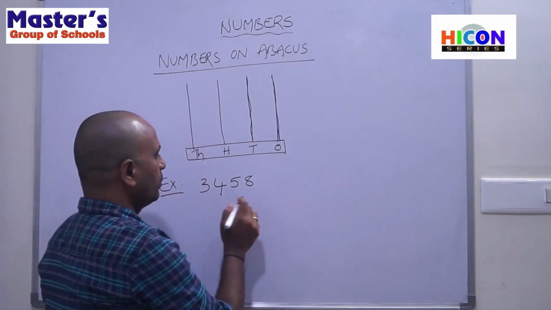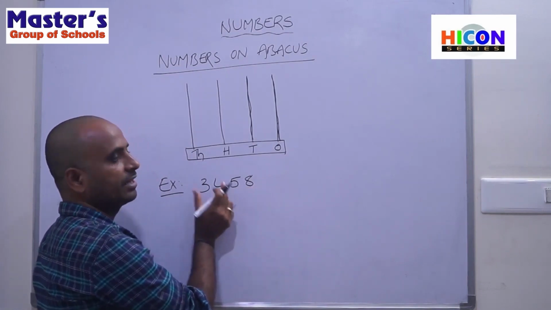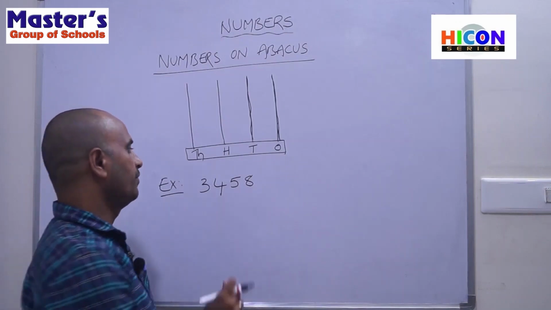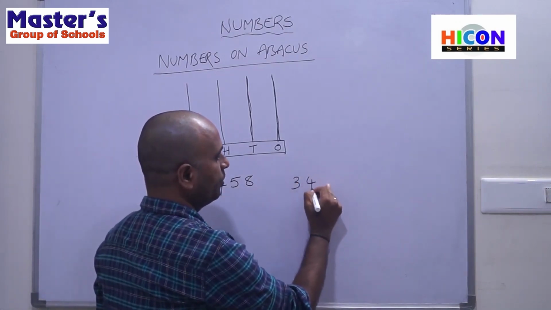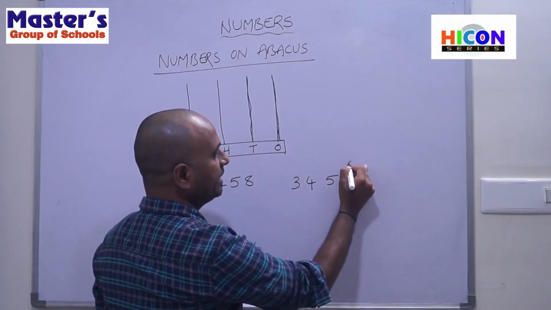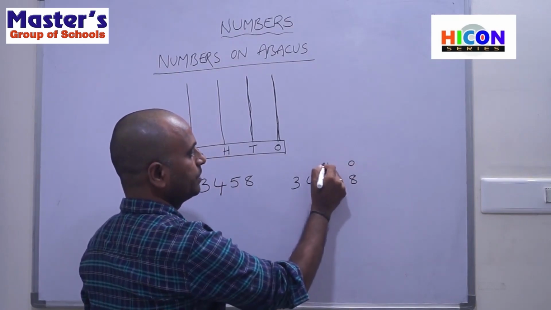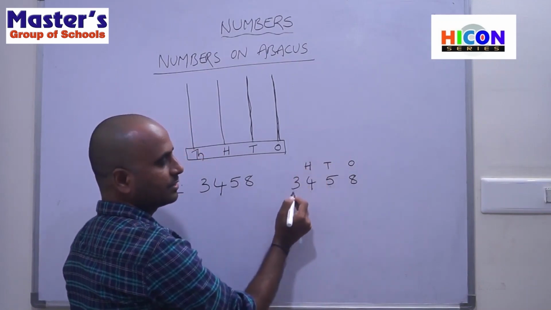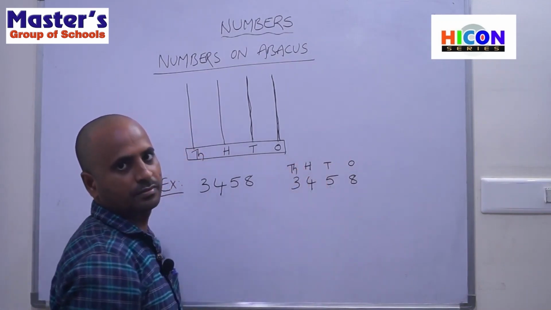So first we have to write the places for the digits in the given number. So 3, 4, 5, 8. So 8 is present in ones place, and 5 is present in tens place, 4 is present in hundreds place, 3 is present in thousands place.